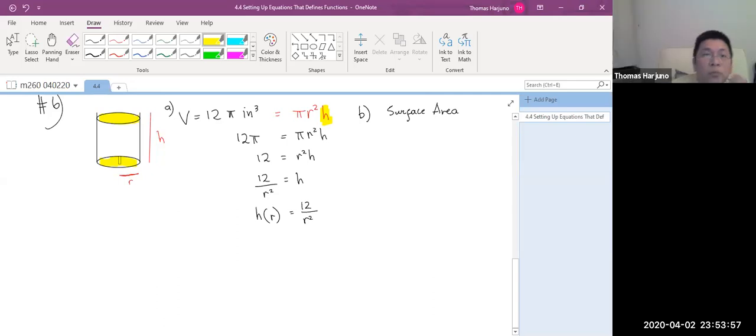So this surface area will be 2 times the area of the circle plus the lateral area.